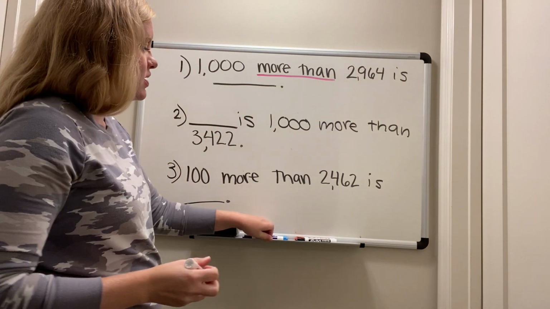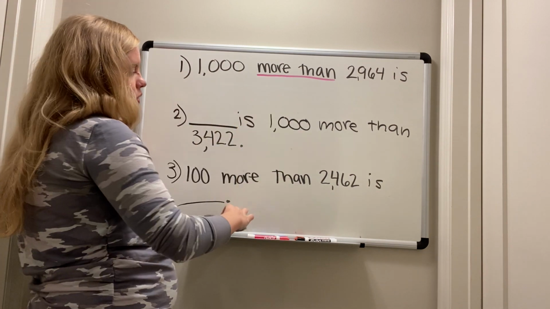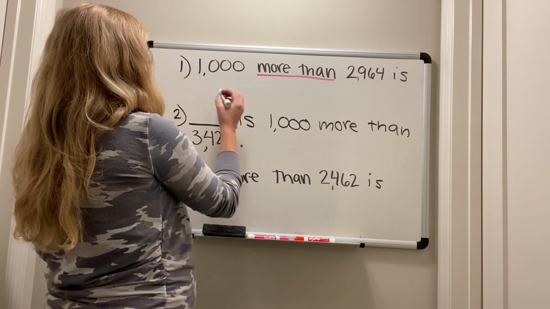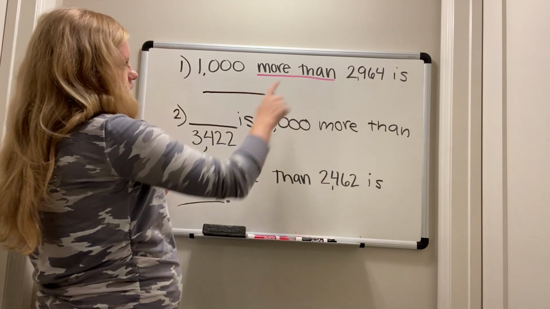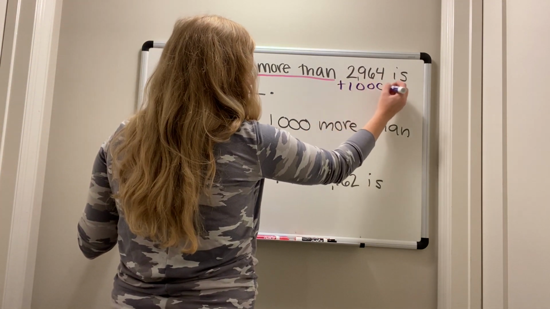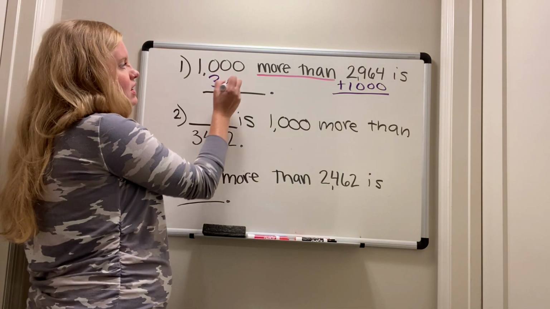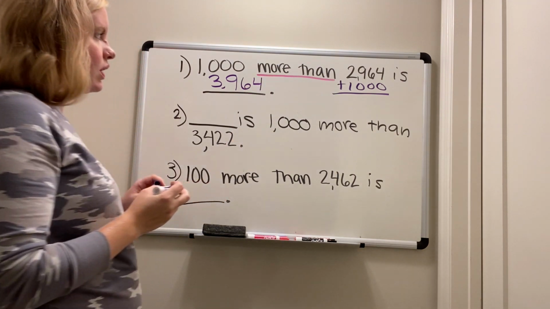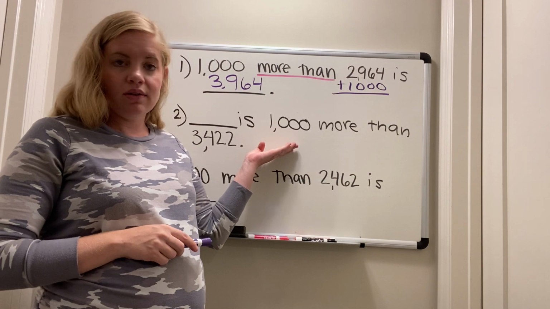Now, tell me, scholars, is the number in a blank going to be more than this or less than this? More than, absolutely, it tells us right there. So all we have to do is add 1,000 to this number to get our answer. So our answer is 3,964.